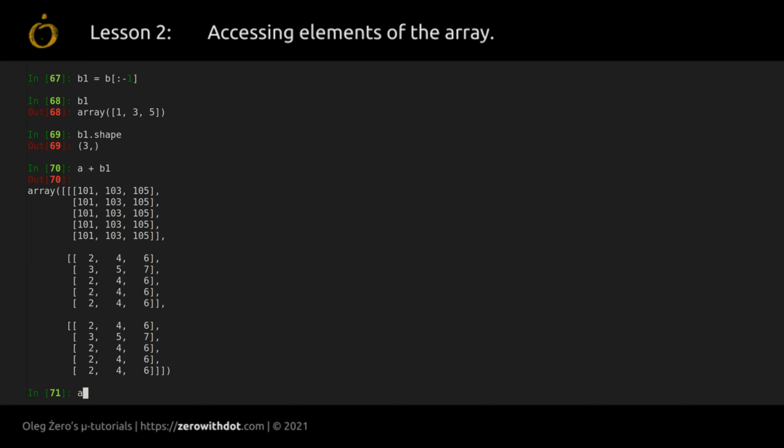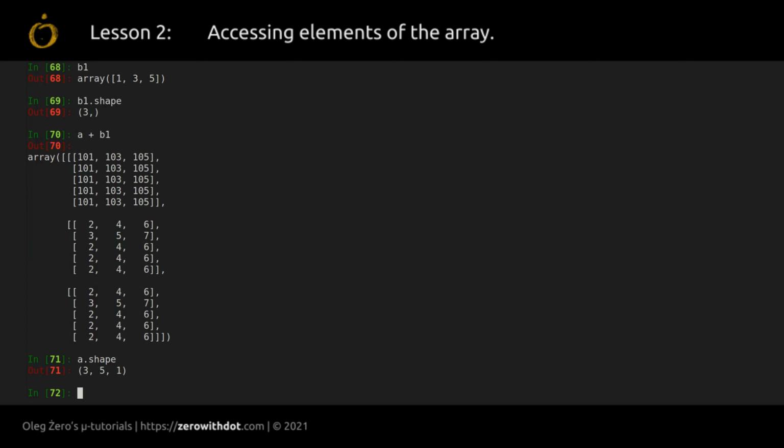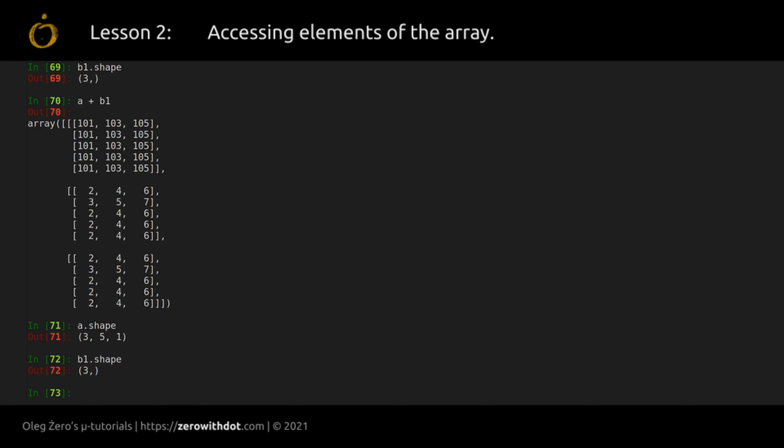So now those arrays are somewhat similar, but still, if we try to add them, oh, it actually works, because we have A of the shape 3, 5, 1, and B1 is of the shape of 3. So we have the same shape, the same number of elements along one of the axes. So it knows exactly what to do, and this way the so-called broadcasting takes place.